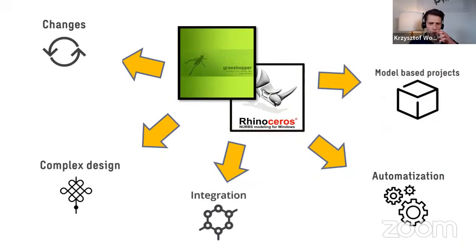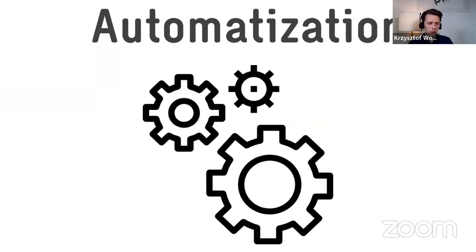Okay, and the last reason, of course, automatization. Grasshopper gives plenty of possibilities to extend the design approach. So to connect to more advanced scripting languages like Python or C#, or to make automatization for standard solutions.